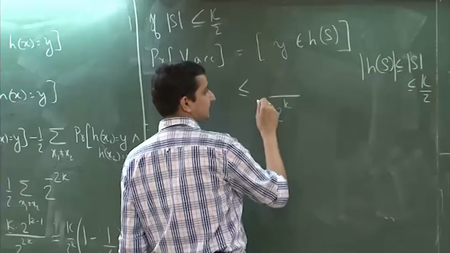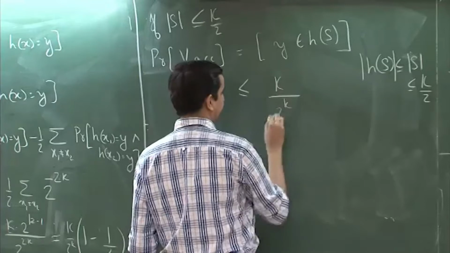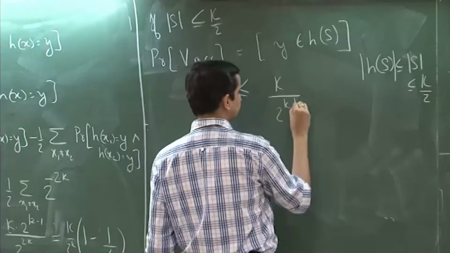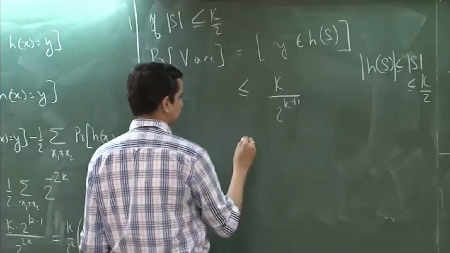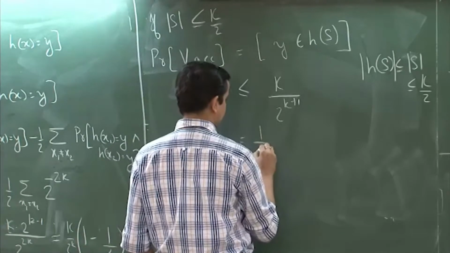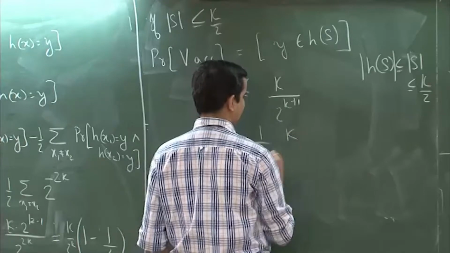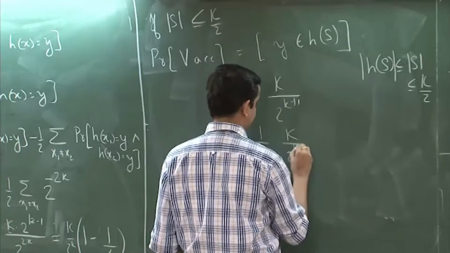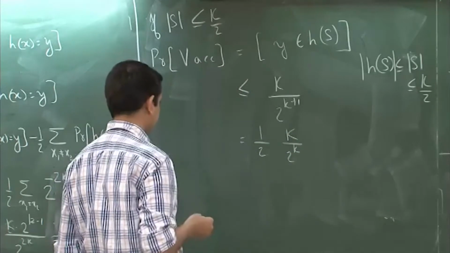So, this is less than or equal to k by 2, just put a 1 here. So, this is equal to half of k by 2 to the power k.